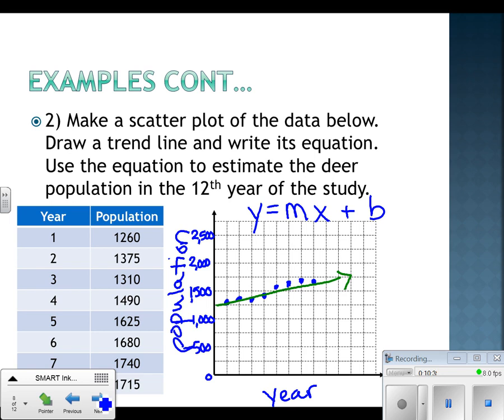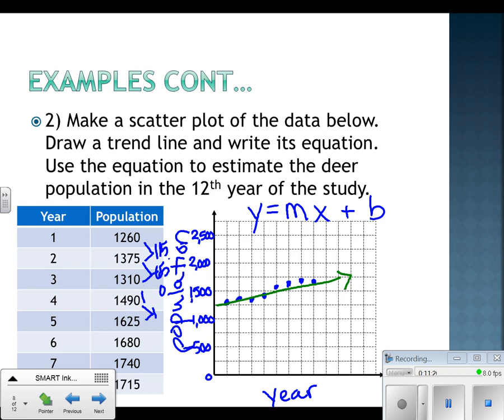Now, if I look at how things are changing, it looks like we're going up 115, and then from here to here, we're going down 65, and then we go up 180, or sorry, this is not 180, or is it? Yeah, it is 180. And then 135.